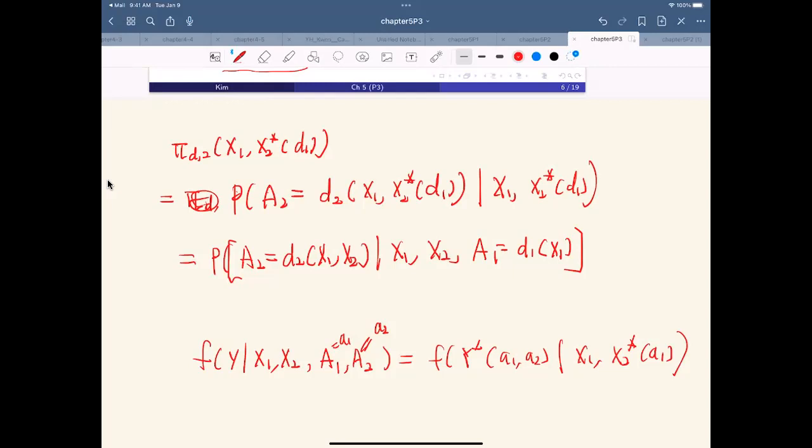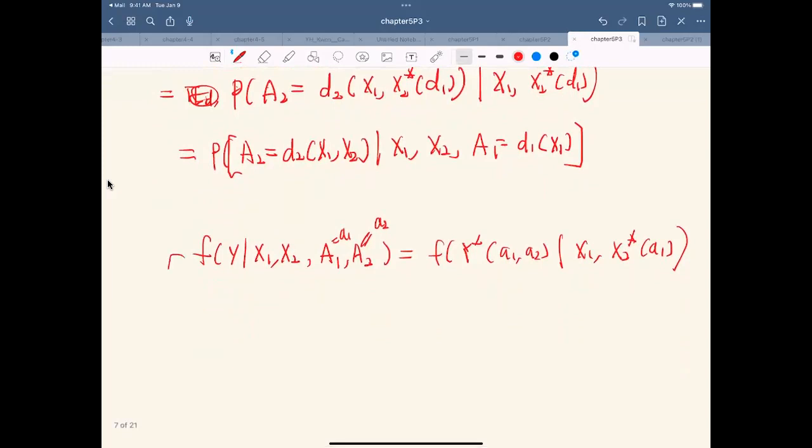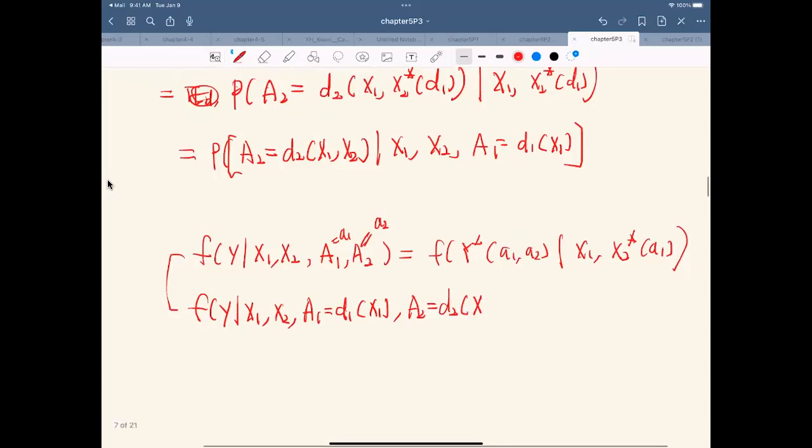Another same thing: you can write it as A1 equal to D1 of X1, A2 equal to D2, where D2 is a function of X1 and X2.